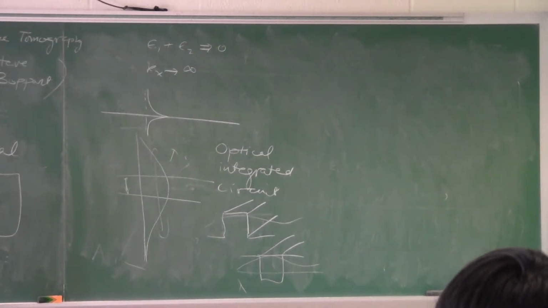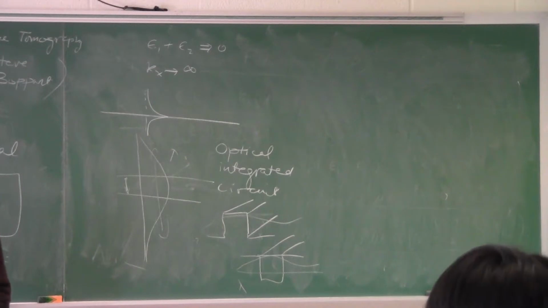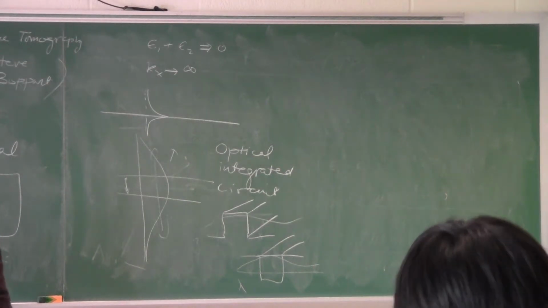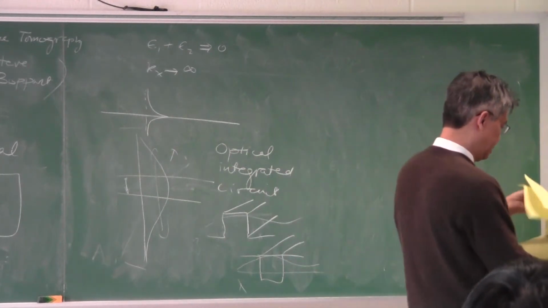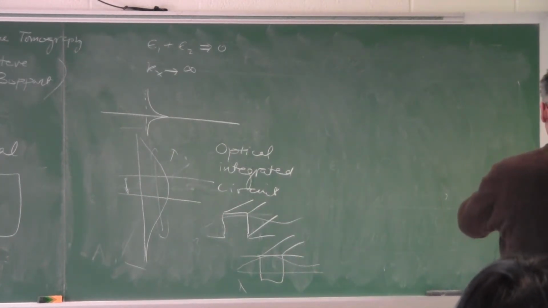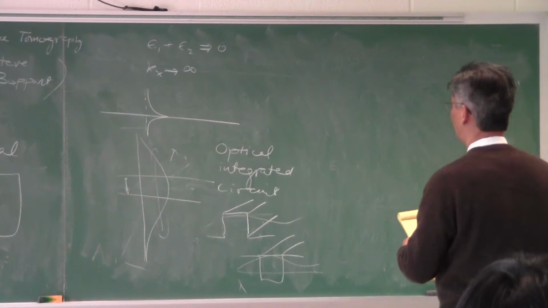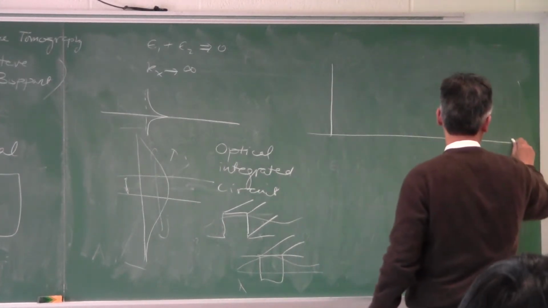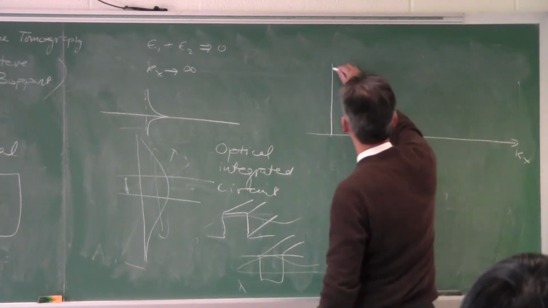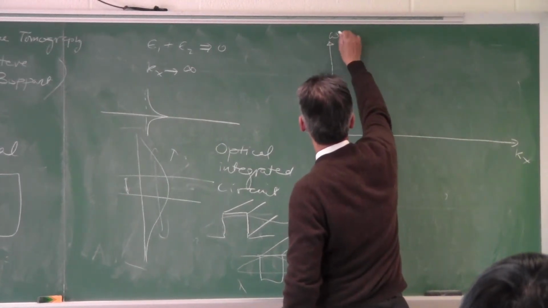So let's look at some of the salient features of this surface plasmon polariton, how it looks like. And if you were to plot the omega kx diagram, it should look something like that.